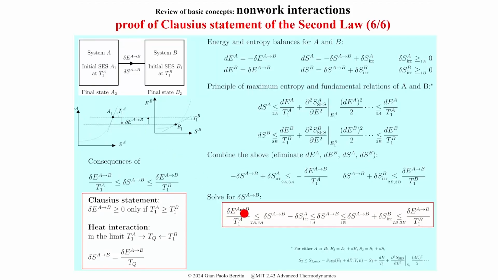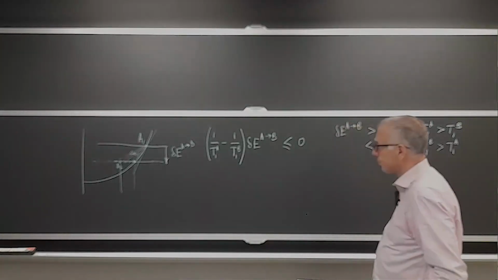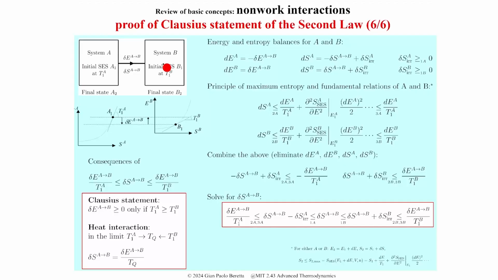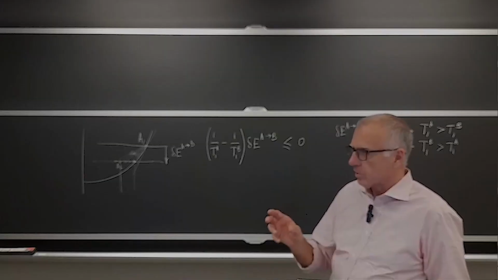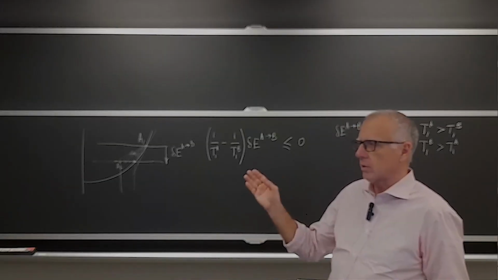If the two systems initially are at different temperatures, it says that there must also be an entropy transfer between the two. And this entropy transfer must be contained between these two extremes. It doesn't have to have a specific value as long as it is within that interval.